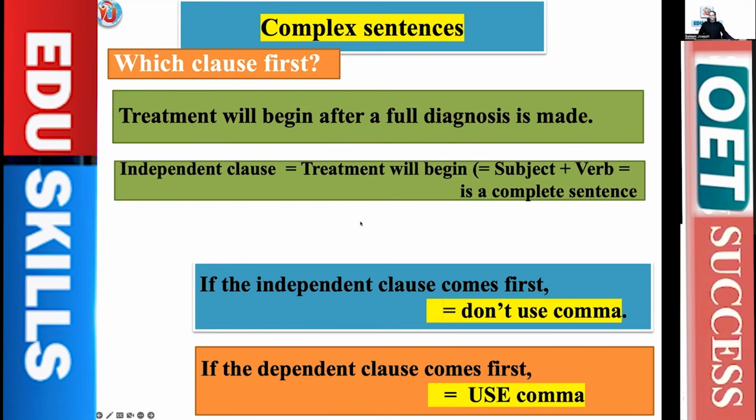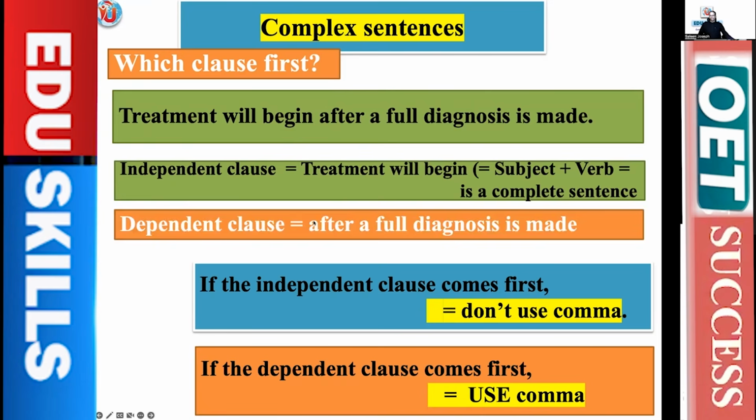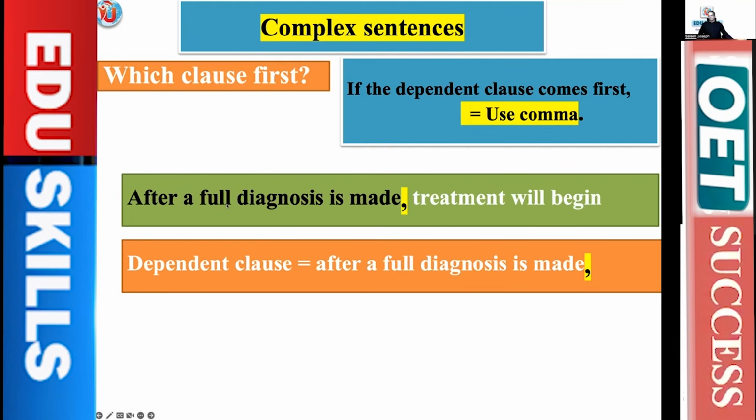So there is one independent clause, one dependent clause. We have started with the independent clause, so there is no comma required. After a full diagnosis, see the other way, it is written in a different way. After a full diagnosis, that is a dependent clause first. So we have put a comma here. Treatment will begin. So if you start with the dependent clause, you have to put a comma.